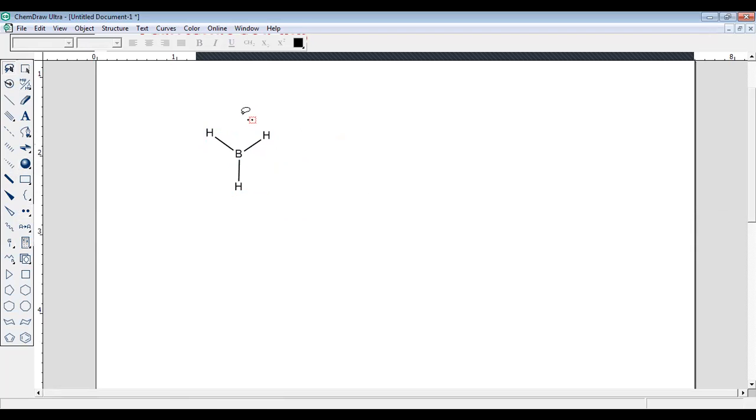Whenever one more boron molecule approaches this, what will happen here? Very interesting point.